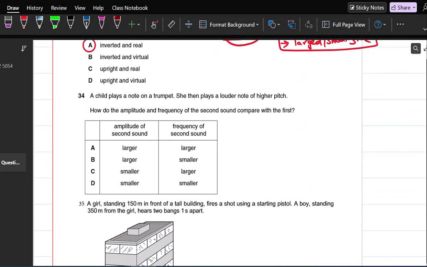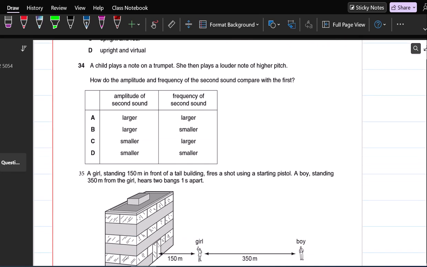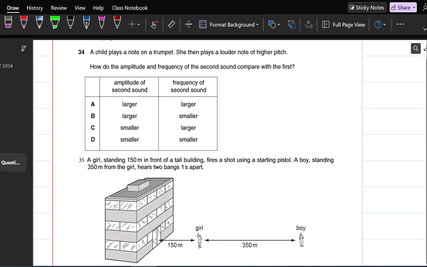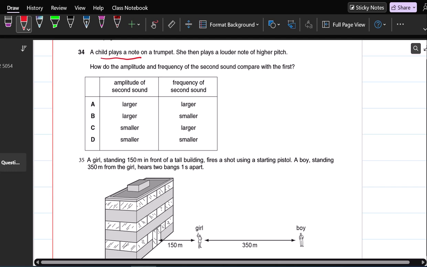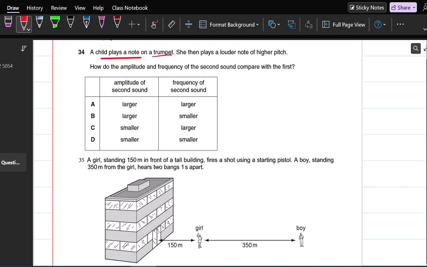Moving to question 34. Very important question again. A child plays a note on a trumpet. She then plays a louder note of high pitch. How do amplitude and frequency of the second sound compare with the first? So she plays a louder note of higher pitch.